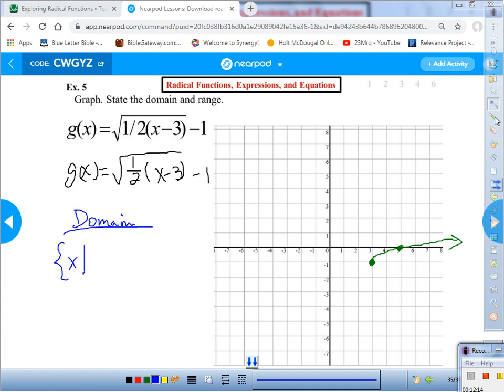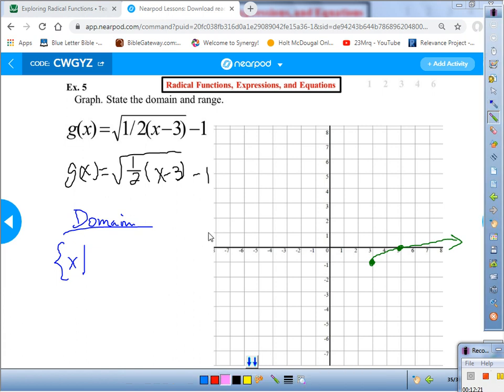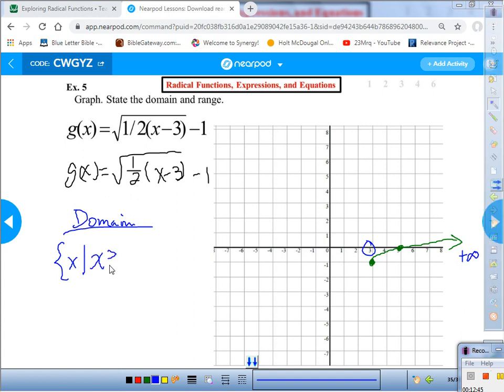If I highlight from left to right, tell me when I first intersect that function for the x value. About right there. So what is my first x value? 3. And it keeps going to what? Positive infinity. So if it starts at 3, that means my x has to be greater than or equal to 3. And that's all I need.